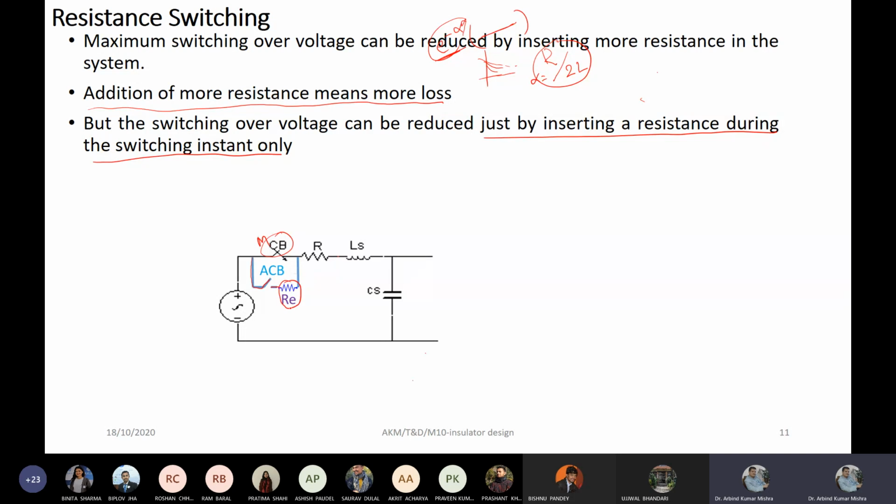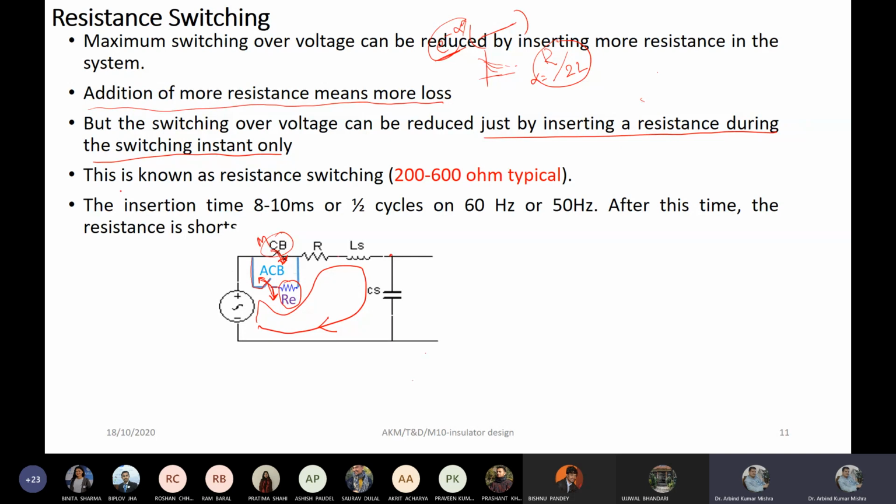This is called RE, the external resistance. Initially the switching is done just by closing this, so the path of the current flow is through this. Once this transient dies out, then keeping this switch on, we close the main switch, and after a certain time we make this switch off.